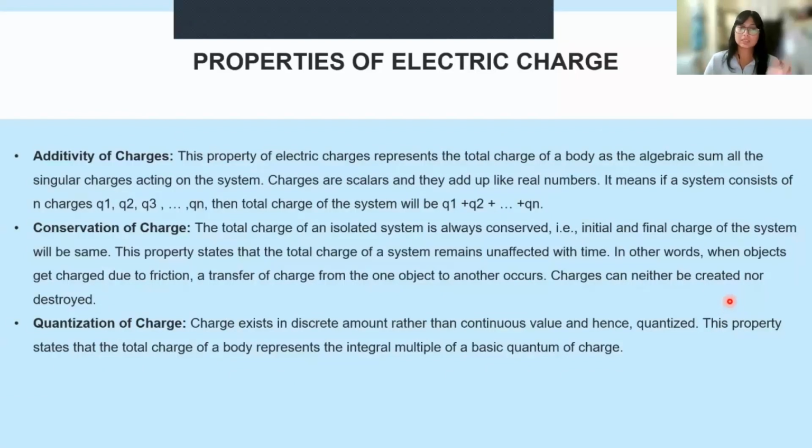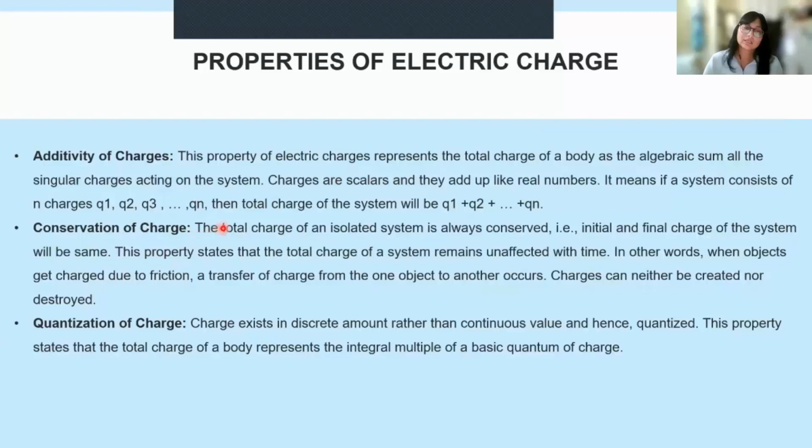Charges are scalar in nature, and that's why they add up like real numbers. Suppose there are n charges, so the total charge would be q1 plus q2 plus ... plus qn. This is how the total charge of a system can be found.